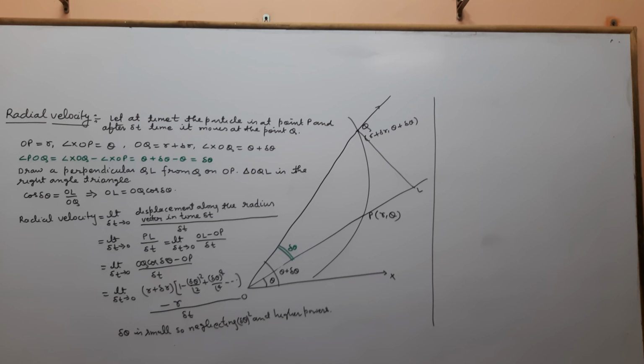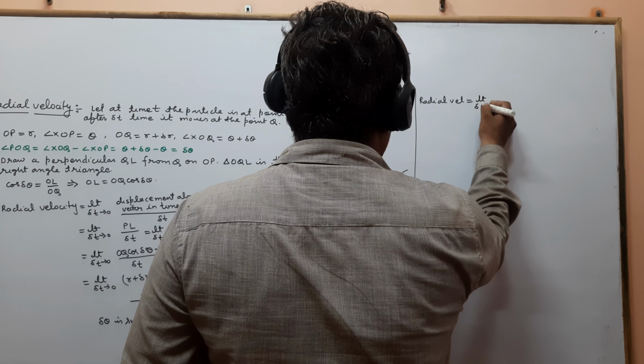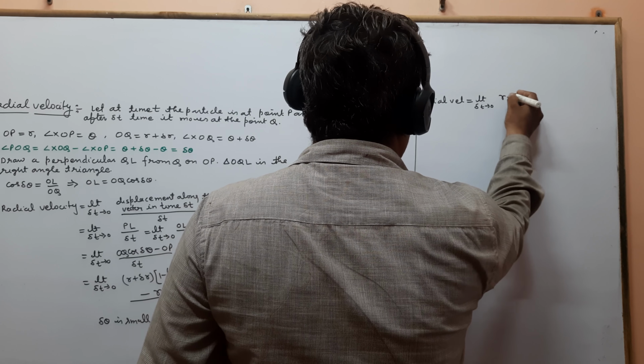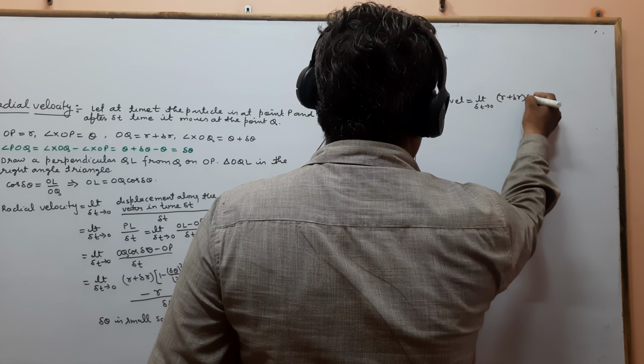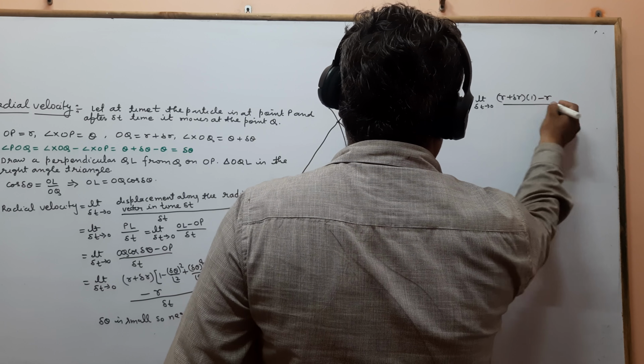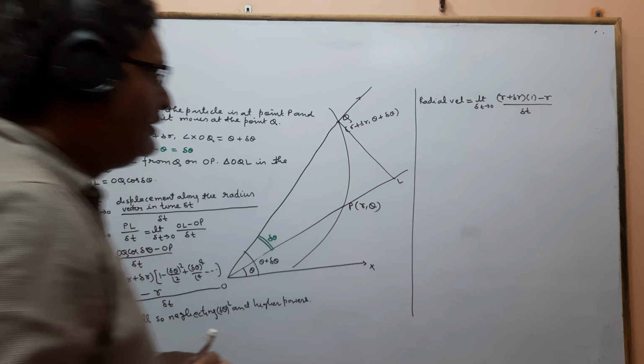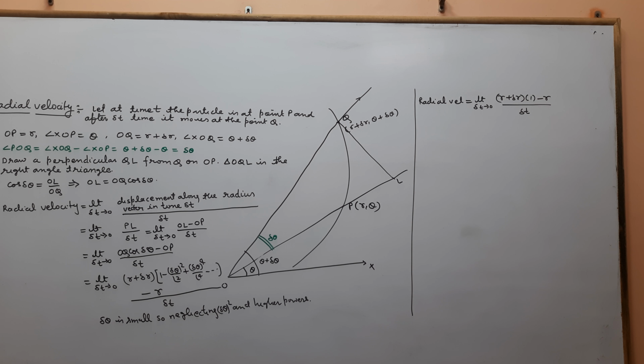Now we get radial velocity equal to limit del t tends to 0 of (r plus del r) multiplied by 1 minus r divided by del t. We can see here we neglect the del theta whole square and higher powers of del theta.